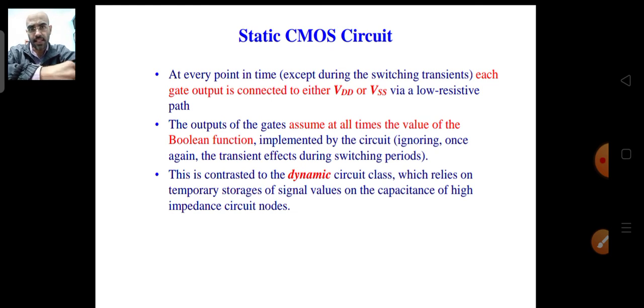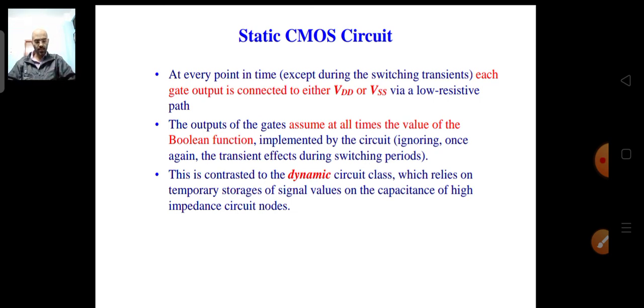Static characteristics are the characteristics of the circuit in the steady state condition.